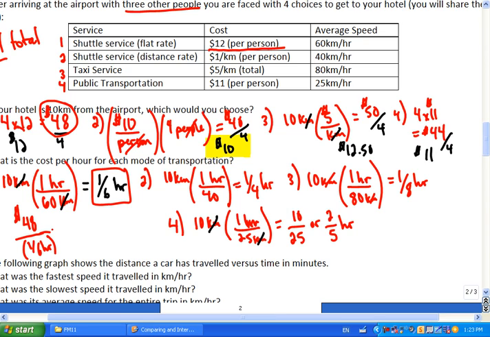You can write in the decimals if you'd rather, but I'll keep them in my calculator exactly. So this is 48 times 6, so 288. It's $288 per hour to use the shuttle.